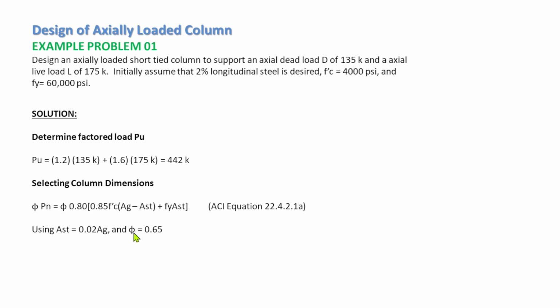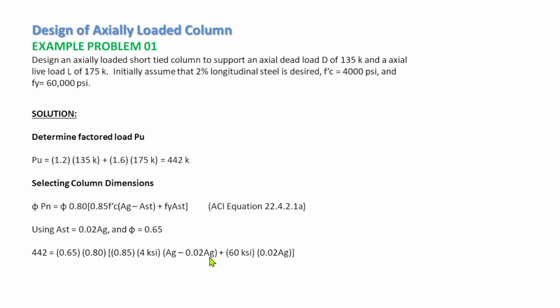And for a tied column, we use phi 0.65 times 0.8. We have to multiply 0.8 by all of these parentheses. Then, if we substitute these parameters into that equation, we will have 442 Pu equal to 0.65 times 0.8, and we have to multiply all these parentheses.